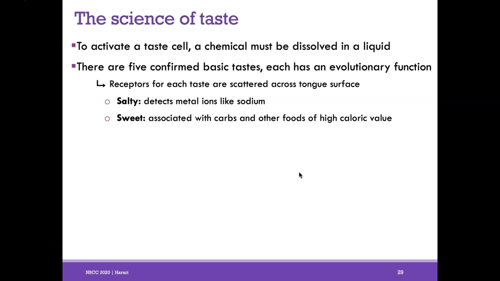Sweet is associated with foods of high caloric value. This means that way back in the savannah, if you had somebody who could crave and detect sweet molecules, they'd be able to pick up the ripest fruits and get the most sugar, the most energy from foods. This is called gorging theory too.